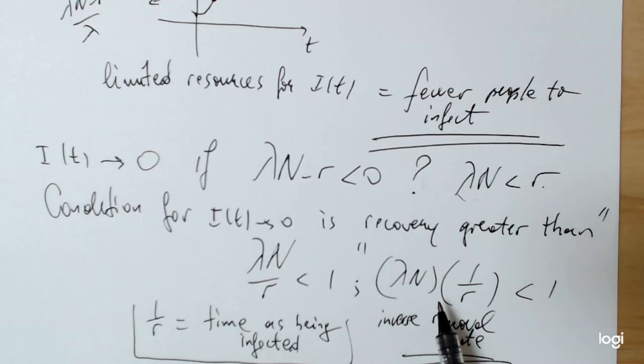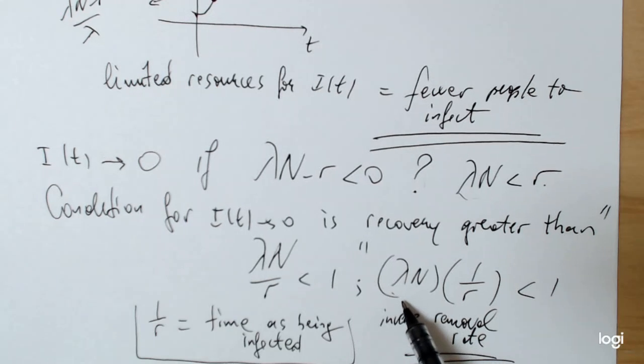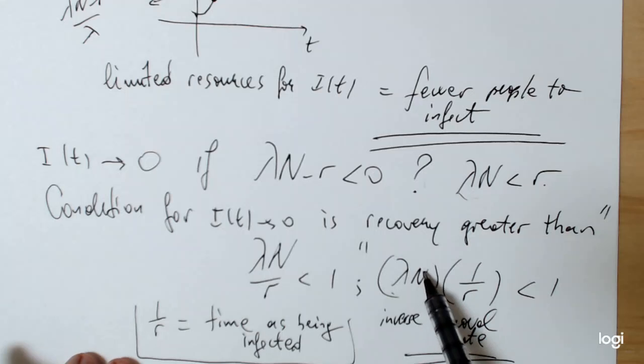So this quantity here basically says, because lambda n basically is the number of people infected. Well, I don't want to jump ahead too much here, but if you imagine that nearly everybody is healthy in the beginning, that means nearly everybody is susceptible.